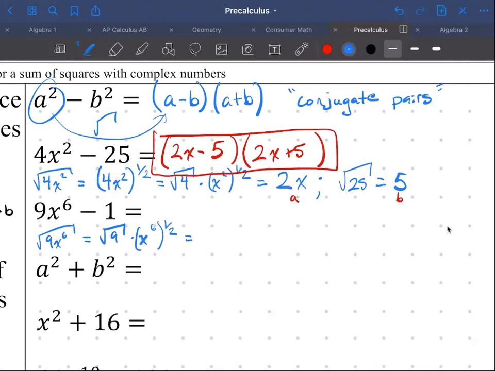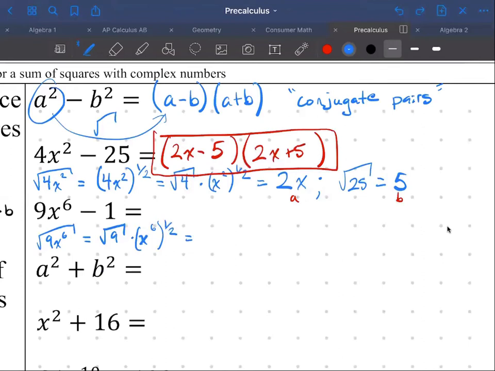How do I do this? Square root of 9, x to the power 6 to the power of 1/2. You multiply. So you first do square root of 9. What is the square root of 9? 3. 3, okay.